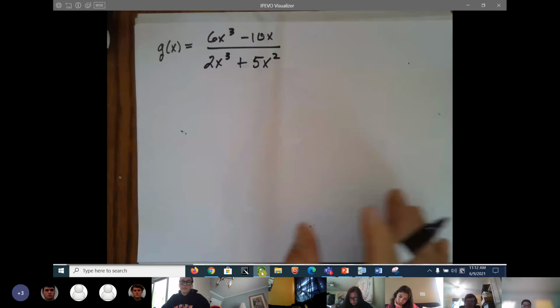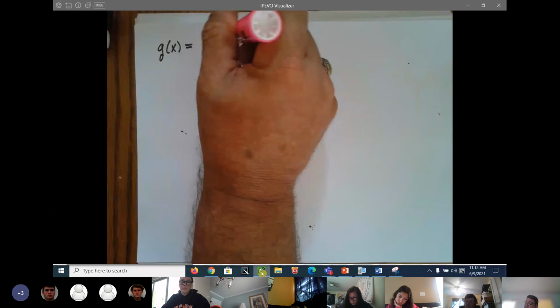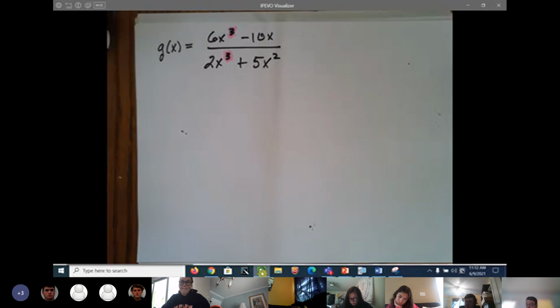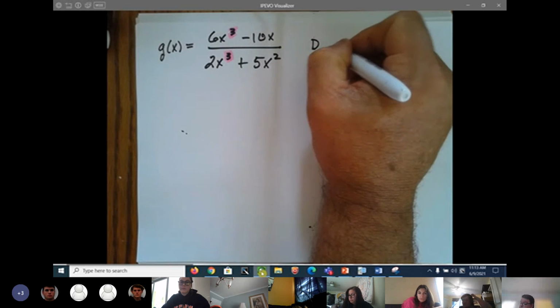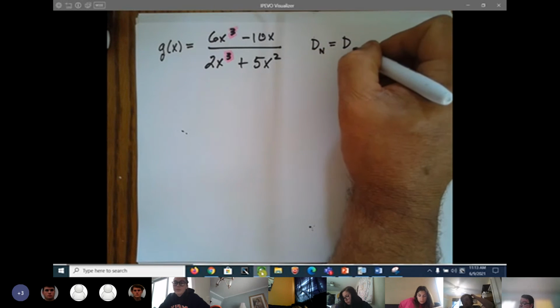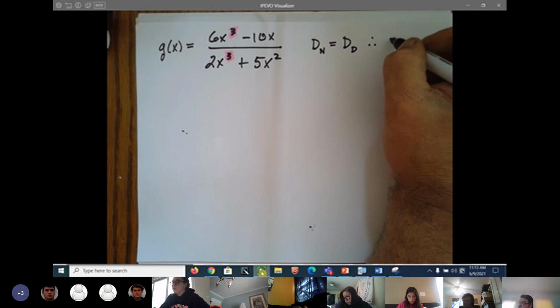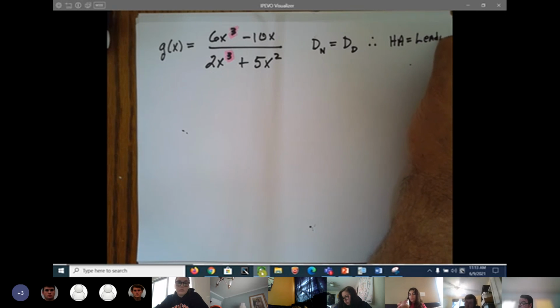And the degree of the numerator is equal to the degree of the denominator. So let's write that down. Degree of the numerator is equal to the degree of the denominator. Therefore, the horizontal asymptote is equal to the leading coefficients.